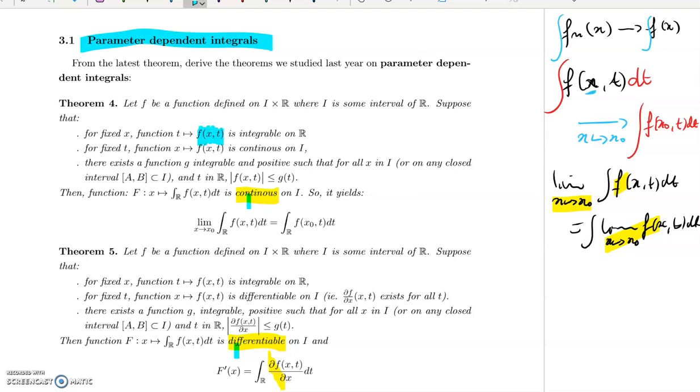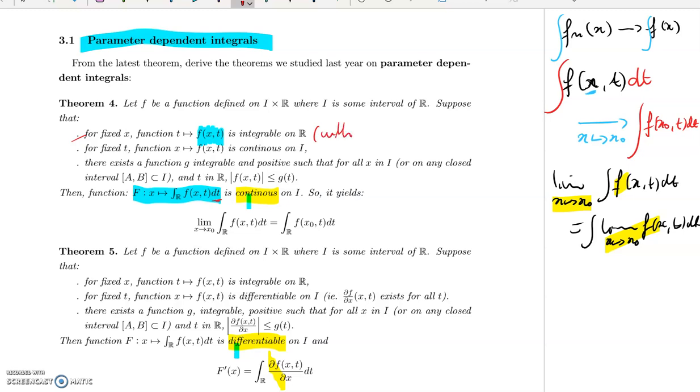One variable is used for integration and the other is used for defining a function that depends on x, which is just a parameter for the integral. So what do we need? For a fixed value of x, the function that for t gives f of xt is integrable on R.